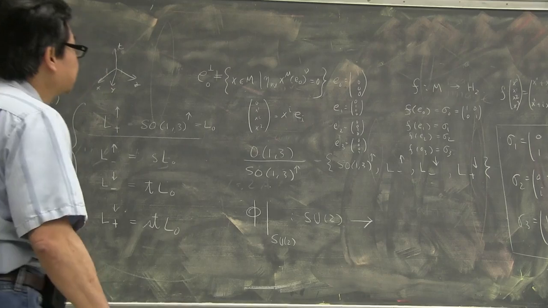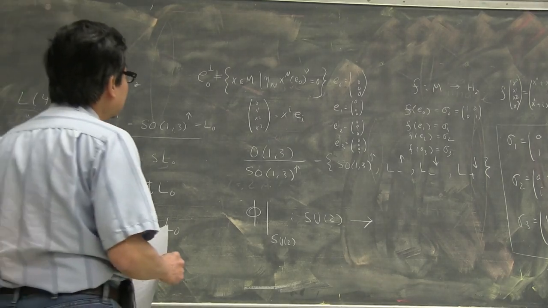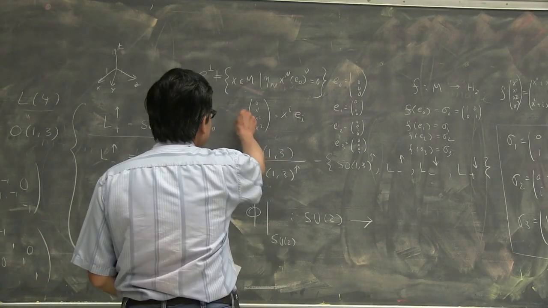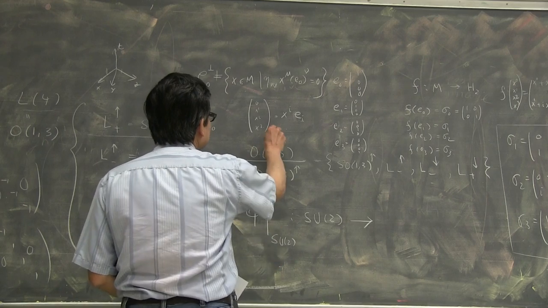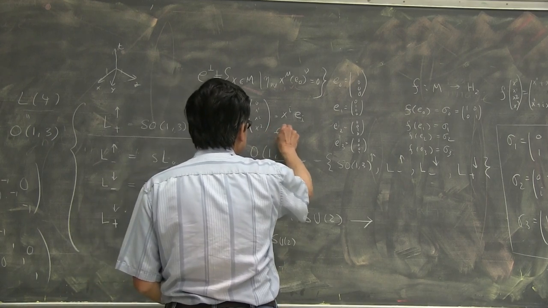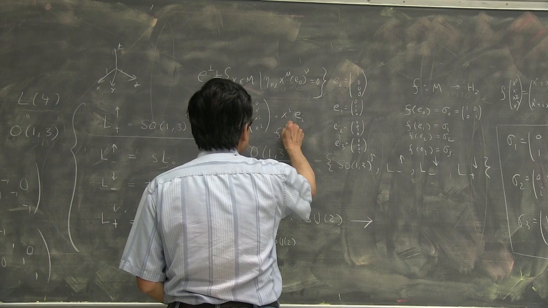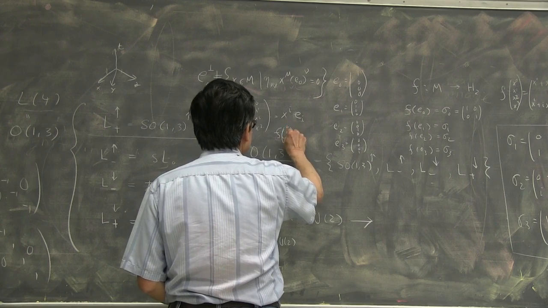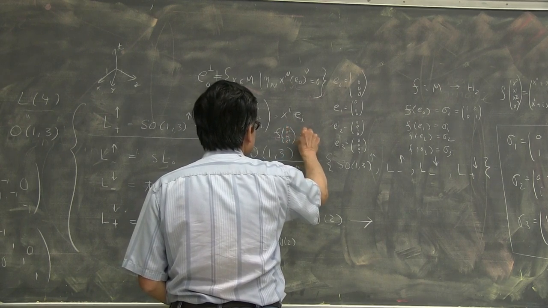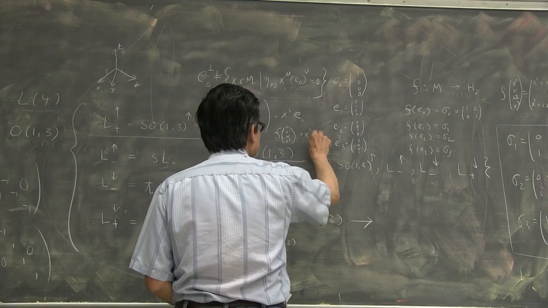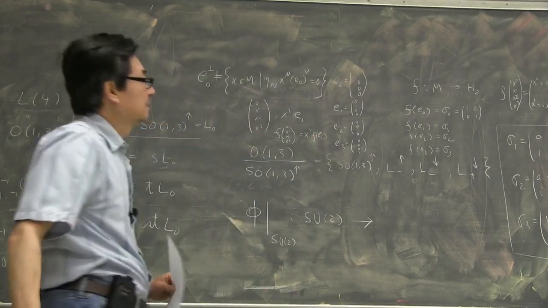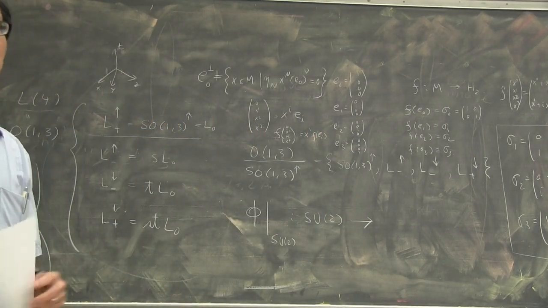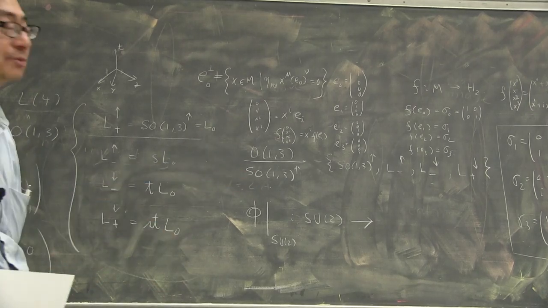And so if you take a vector in here, then F of this would be xi F of ei, summed over I. But F of ei is just sigma I, I going from 1 to 3.